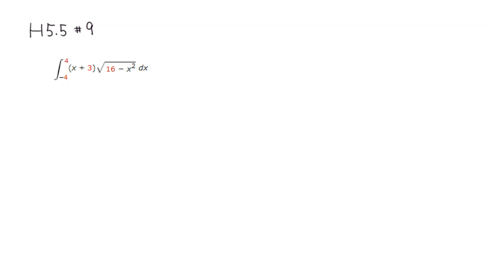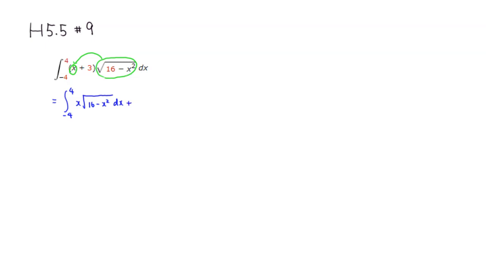What I'm going to do is split this into two integrals, with the integral from -4 to 4. The first one: I'm just going to distribute the square root to just x there. So we have the integral of x times the square root of 16 minus x squared with respect to x.